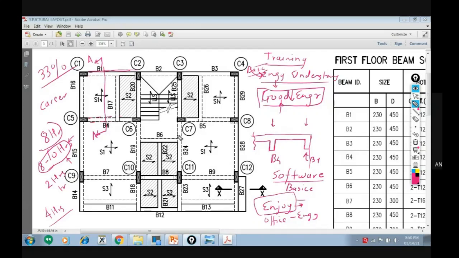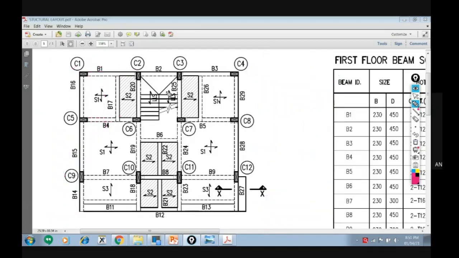Now let's say, I'll just remove this. Now if I ask you, why is this a thick line? Why is it not a dotted line, even though there are two slabs? If I draw the section like this, then this is B17.